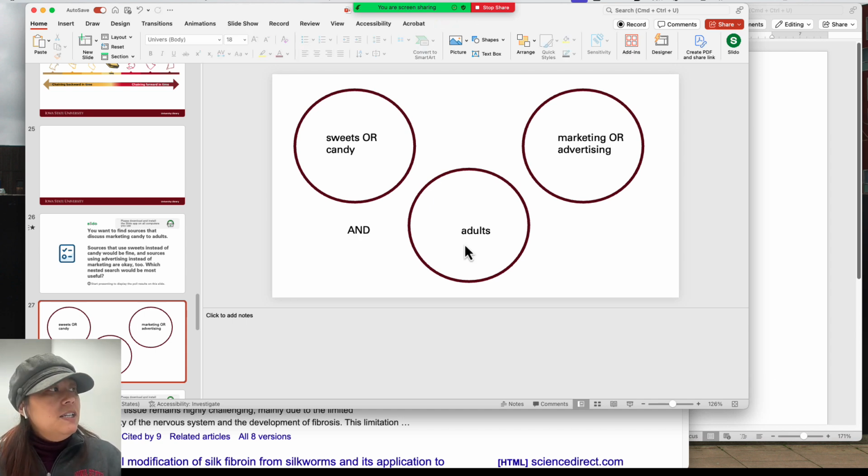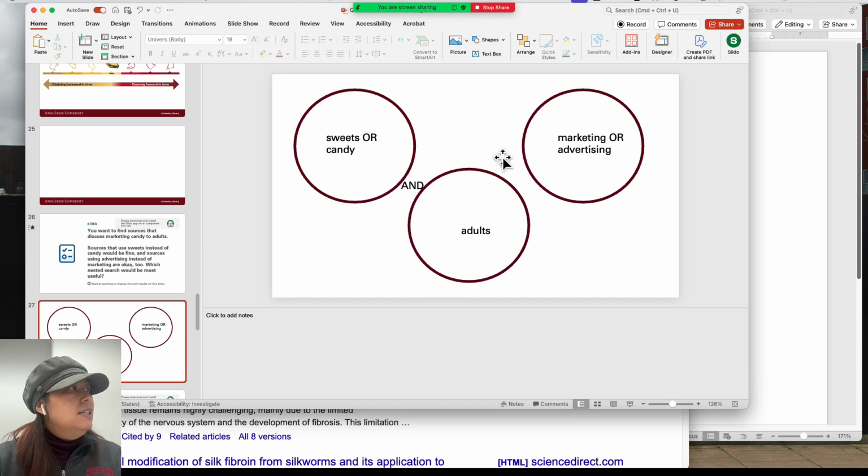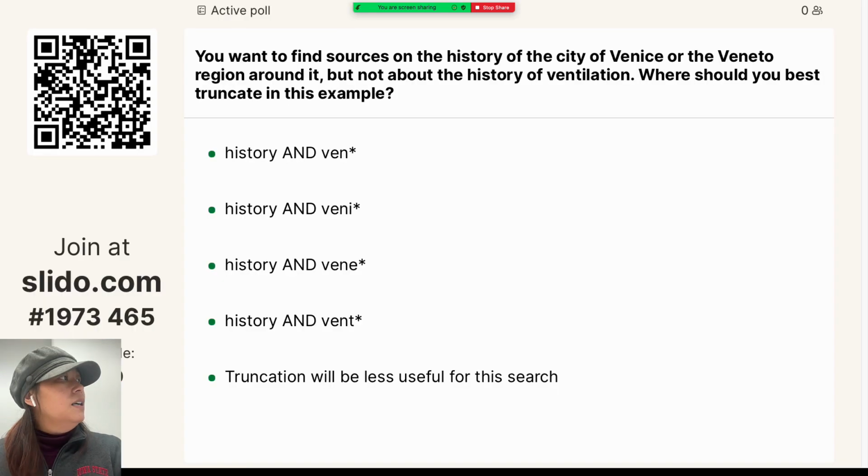ANDs and NOTs connect the circles together. ORs connect the terms in the circles. Now, if I wanted to do these subject terms for kids, then what I would say here is NOT. That means leave this out.